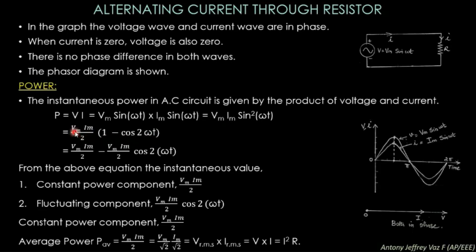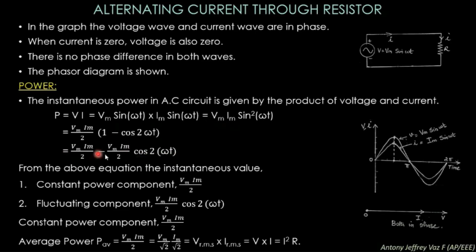So we get Vm Im by 2 times (1 minus cos 2 omega t). Then you multiply this term inside, giving Vm Im by 2 minus Vm Im by 2 cos 2 omega t.